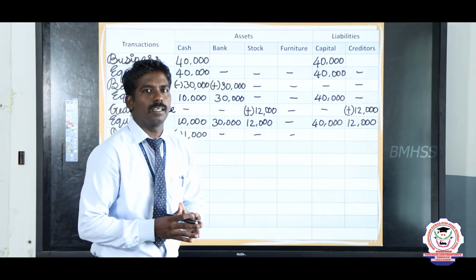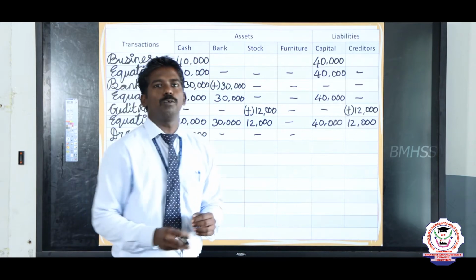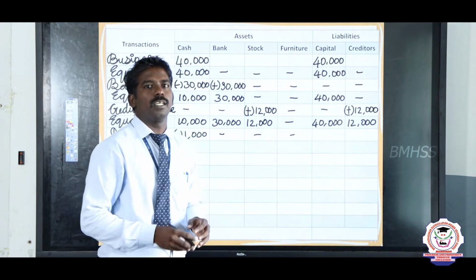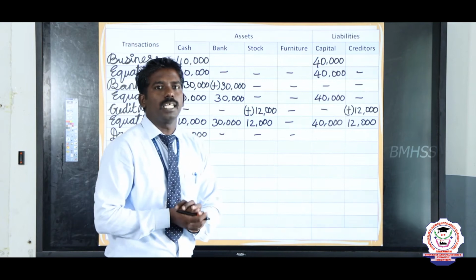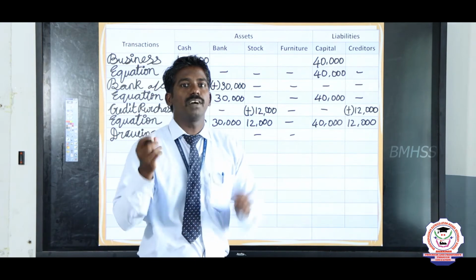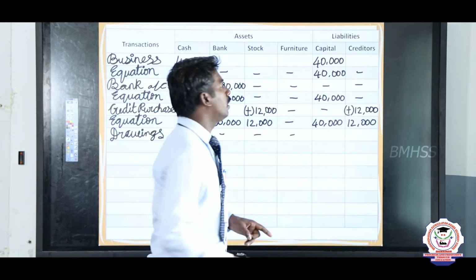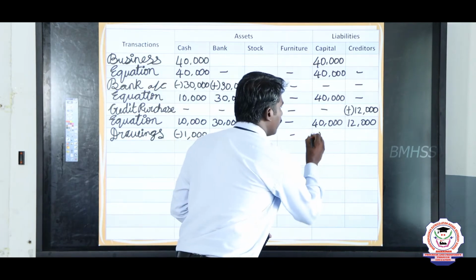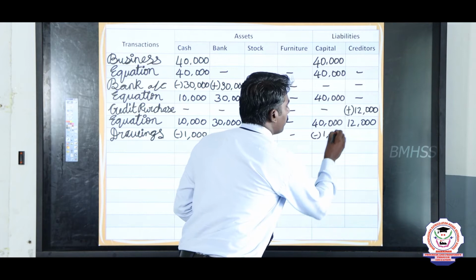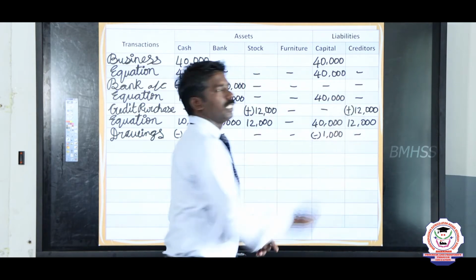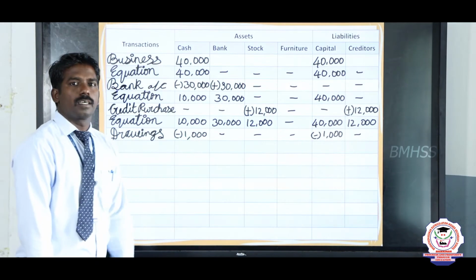What is the capital? The amount invested by the owner for the business organization. From the 40,000 rupees, the owner took 1,000 rupees for his personal use. So we deduct 1,000 from the capital value. So deduct 1,000 rupees in the capital column and no changes in the creditors column.